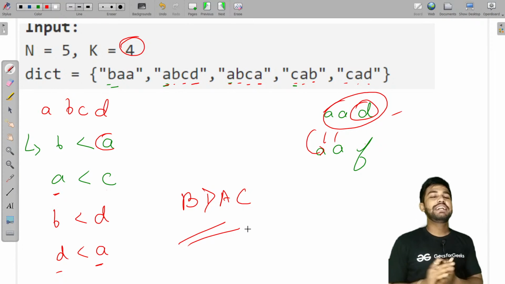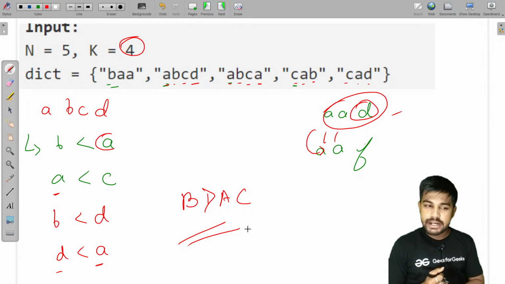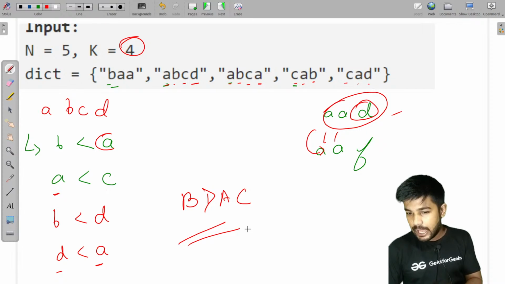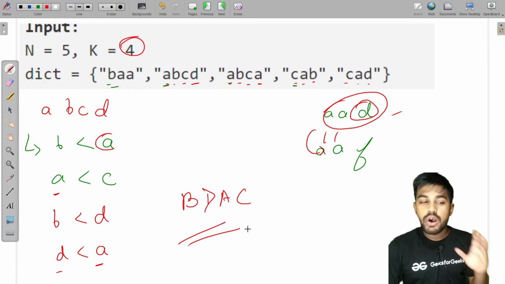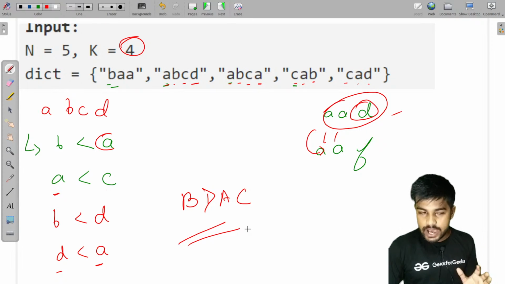But this won't work directly. We need to build up some kind of relationship between the other alphabets. Why?